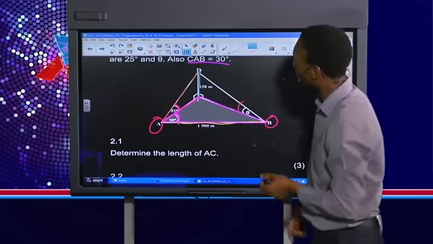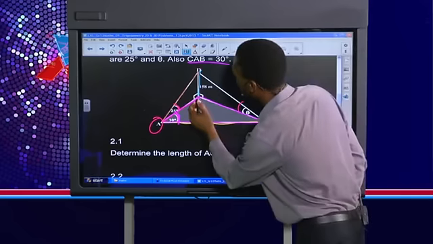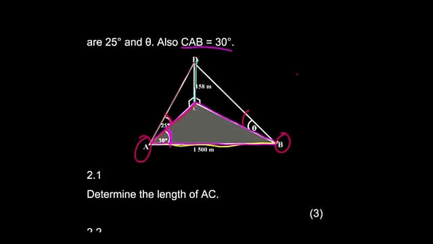So if you need to work out this here, we don't even need to use the sine and the cosine rule. Remember these three rules? Sine is equal to opposite over hypotenuse, cos is equal to adjacent over hypotenuse, and tan is equal to opposite over adjacent.